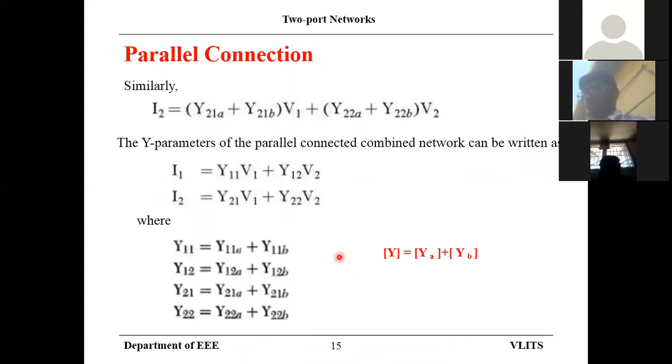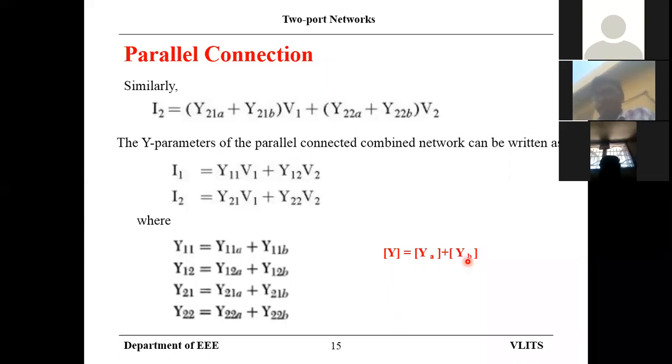So in the case of y parameters also, if the two networks are connected in parallel, then for the equivalent network parameters you have to add the admittance parameters of the first network, that is Ya, plus the admittance parameters of the second network, Yb.